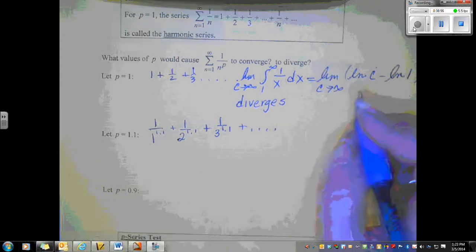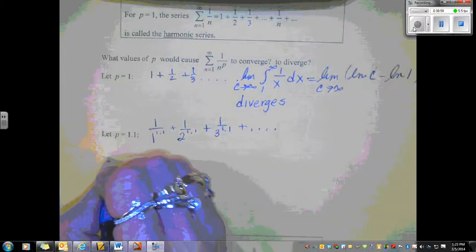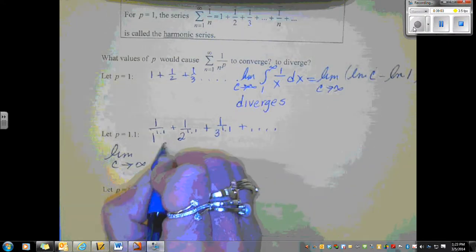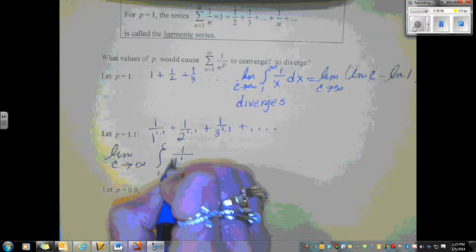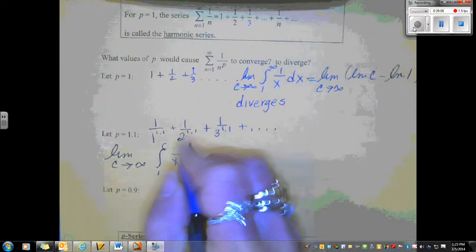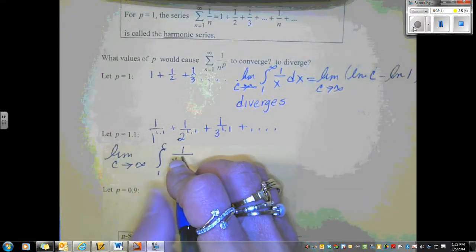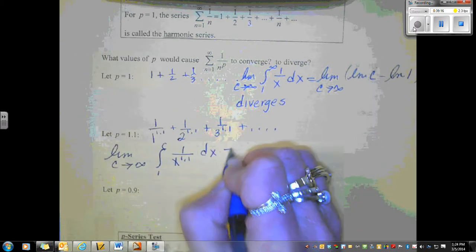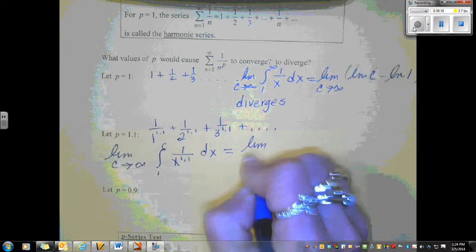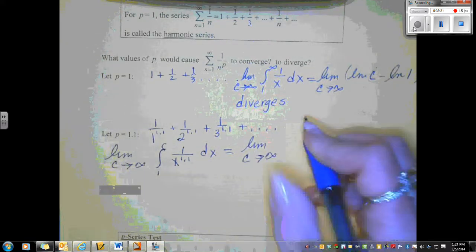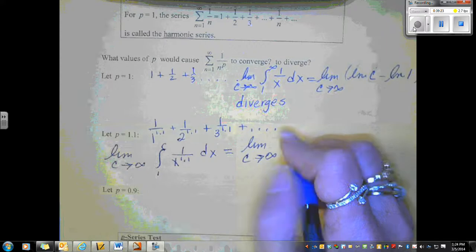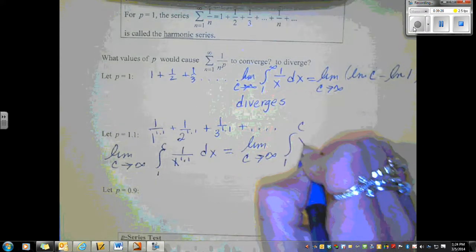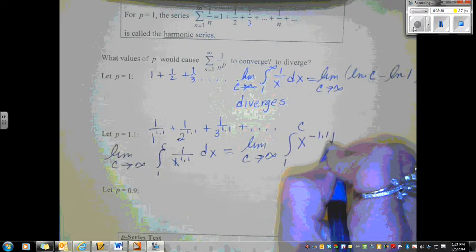So I get the limit as c goes to infinity of the integral from 1 to c of x to the negative 1.1 dx.